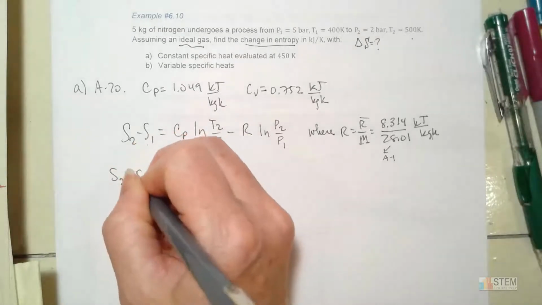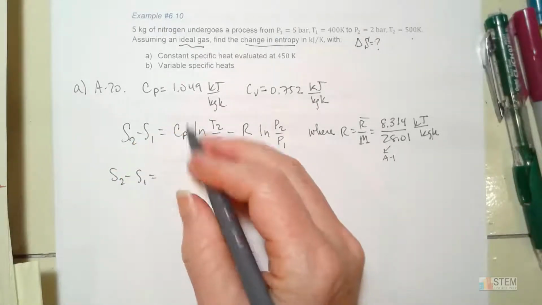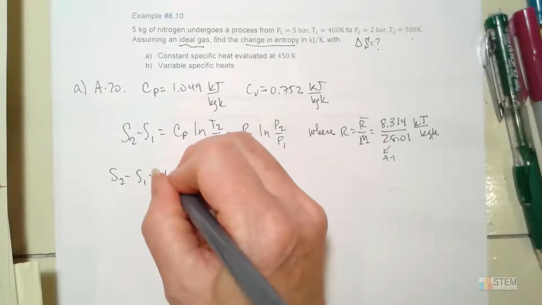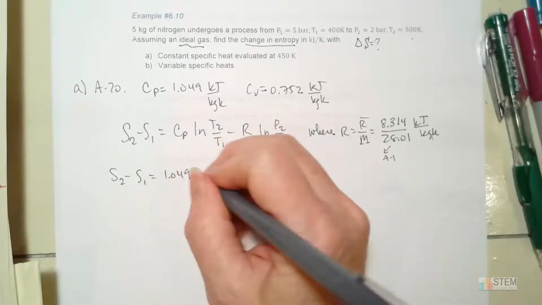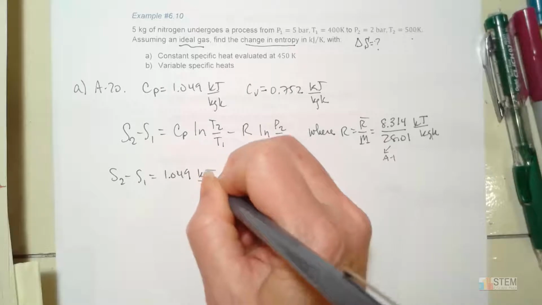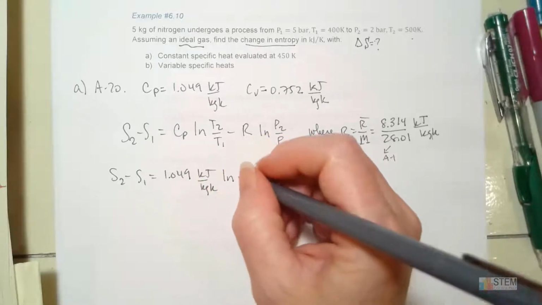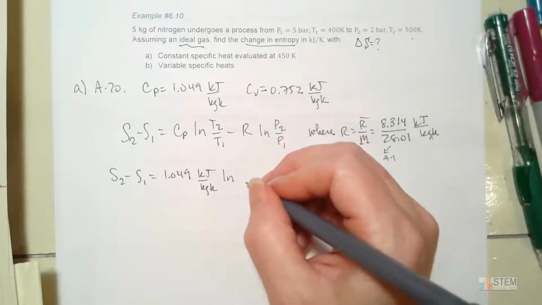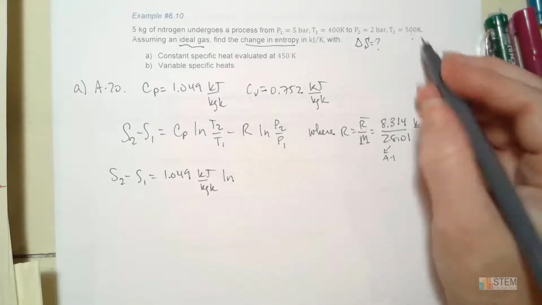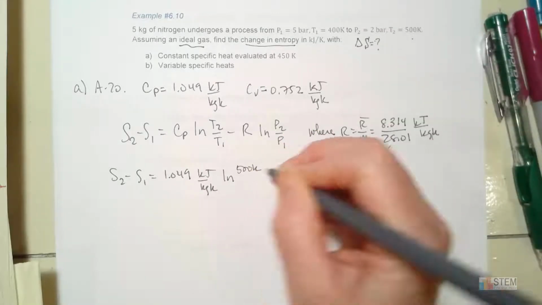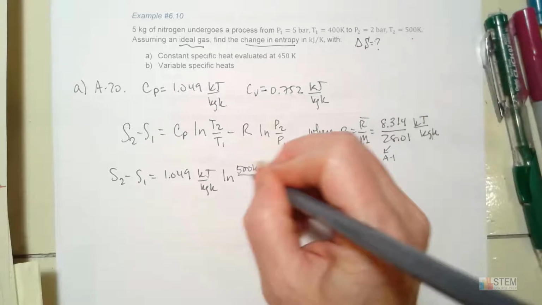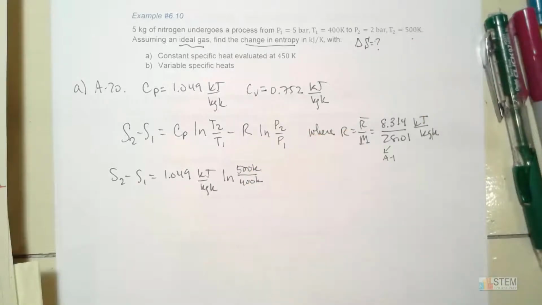So S2 minus S1 is going to be CP, which is 1.049, let's put our units here, times the natural log of T2 over T1. T2 is 500, T1 is 400. Notice the units there cancel.